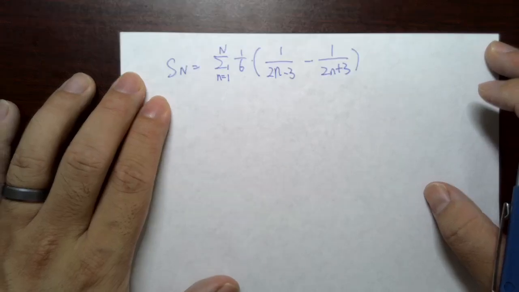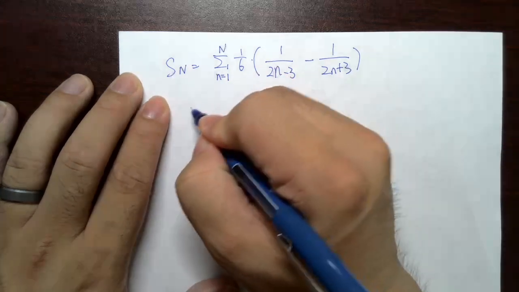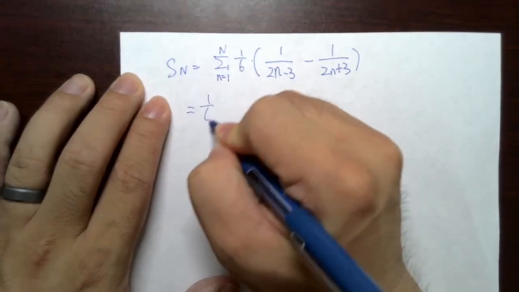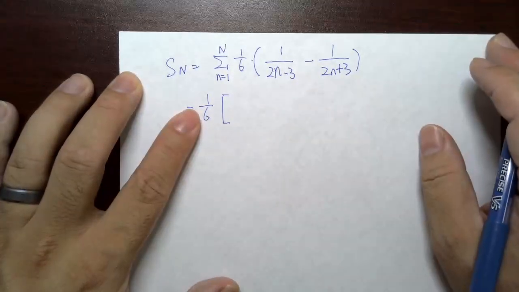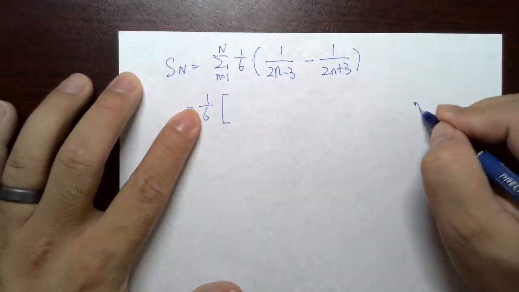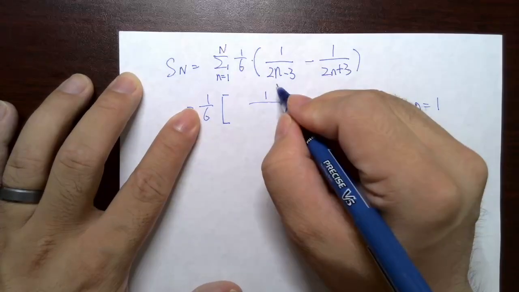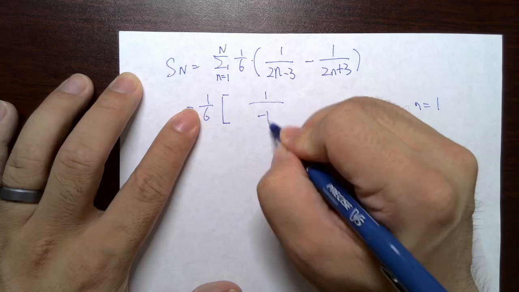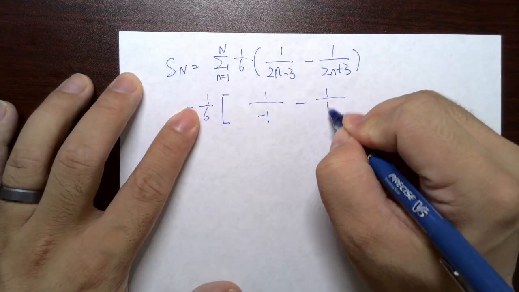So the basic idea is you list a couple of terms and then try to see what the cancellation pattern is. So if I write it out, 1/6 right here, I just write them one by one. When n equals 1, I have 1 over 2 times 1 minus 3, so minus 1, minus 1/5, right?